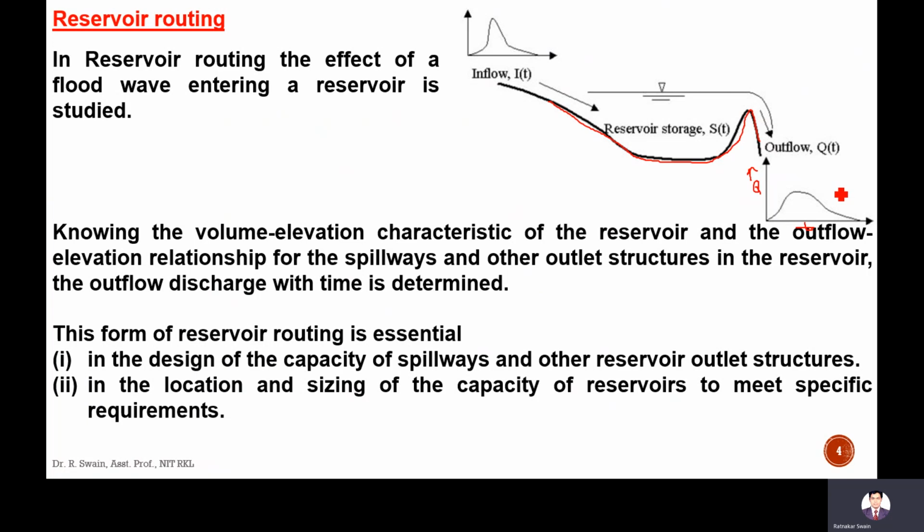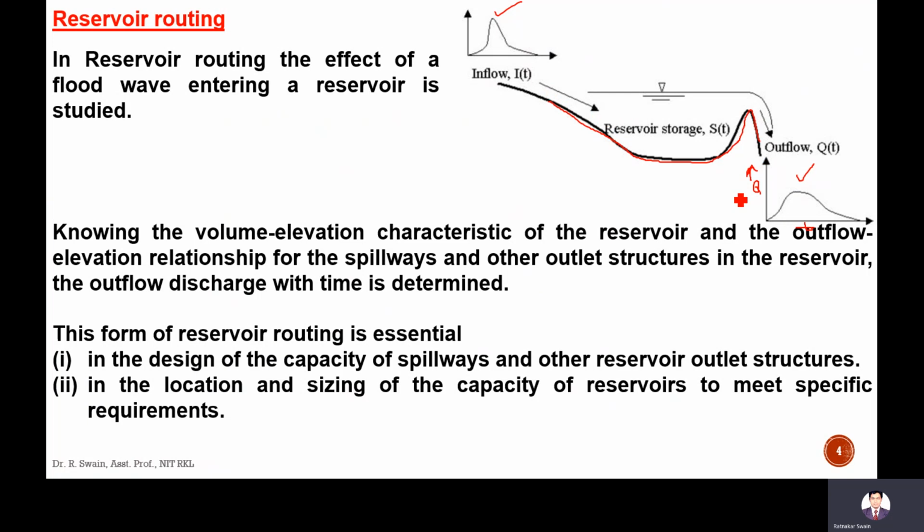That discharge with respect to time, this hydrograph, is called the outflow hydrograph, and it is determined using the inflow hydrograph. Inflow hydrograph means the water which is entering into the reservoir.